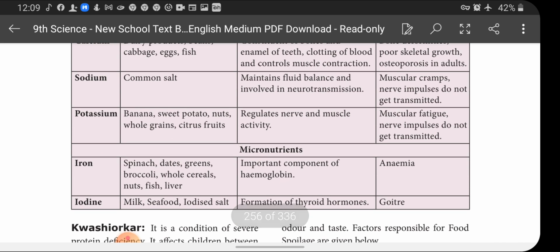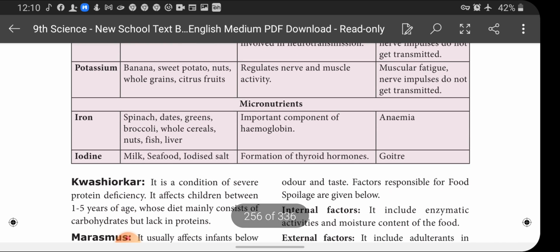Then let's see micronutrients. Iron and iodine are some examples of micronutrients. Iron is rich in spinach, dates, greens, broccoli, whole cereals, nuts, fish and liver, and its important function is as a component of hemoglobin, and its deficiency disorder is anemia.